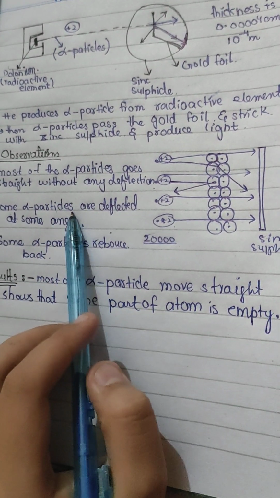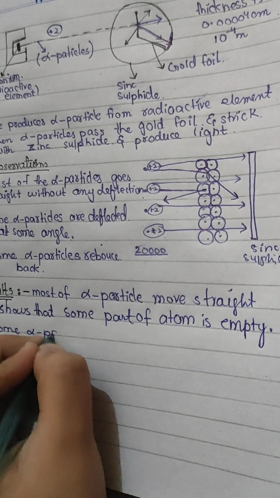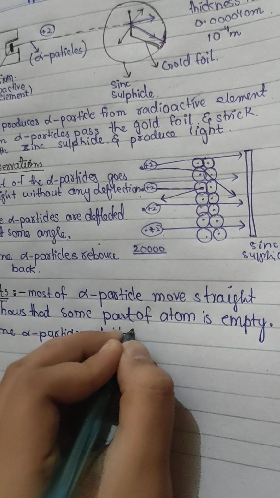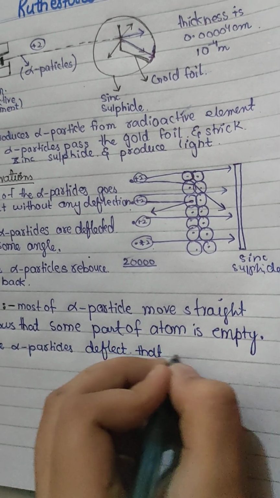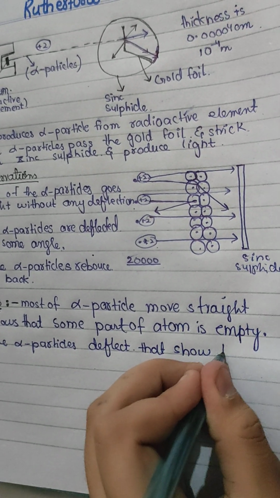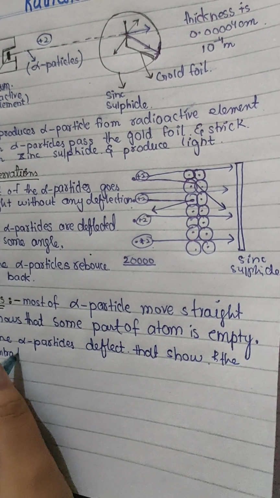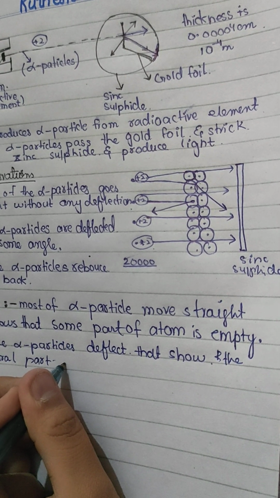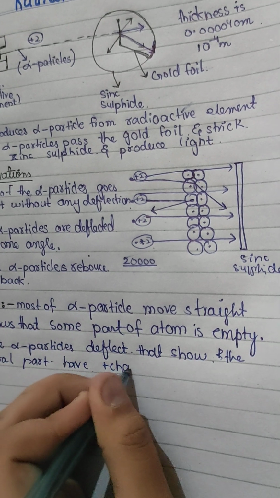So when he saw this observation, he gave the result that some alpha particles are deflected, and that shows that the central part has positive charge.